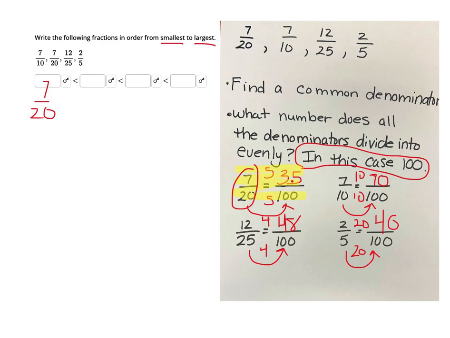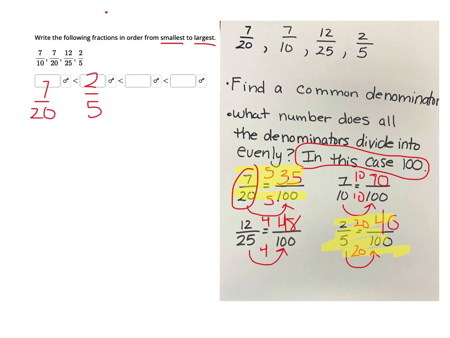Then the next biggest would be, it looks like this one here. That would be 40 out of 100. So the next one would be 2/5. 40 out of 100 is the same as 2/5. That's our original fraction. So my next biggest is 2/5.